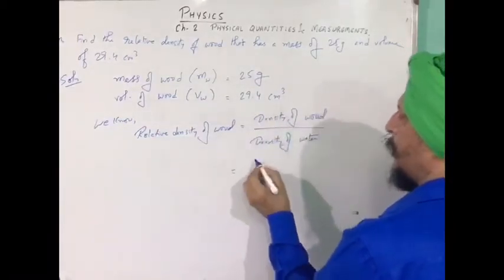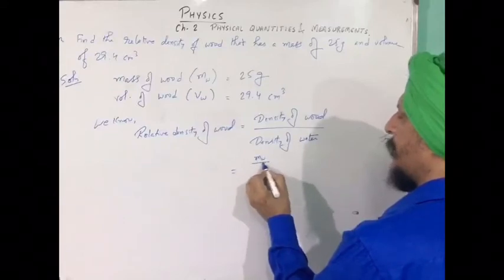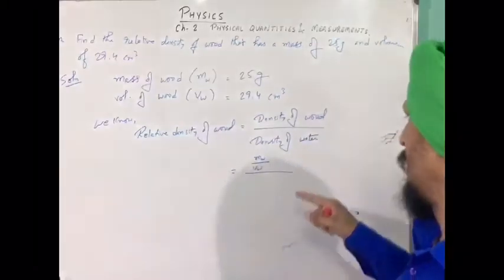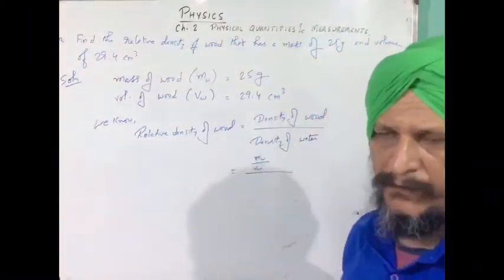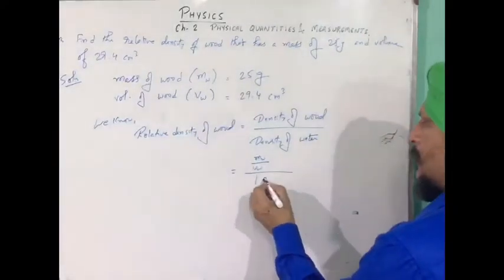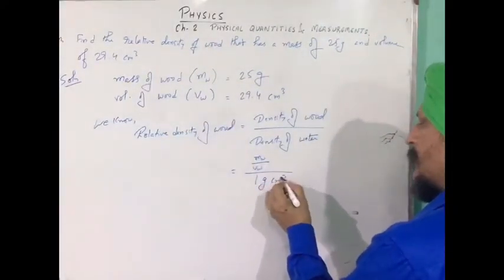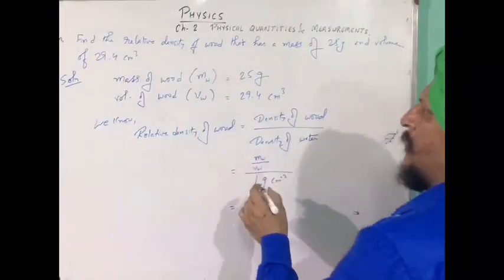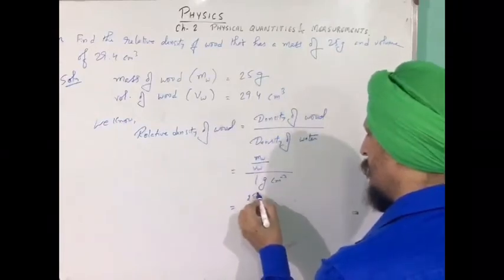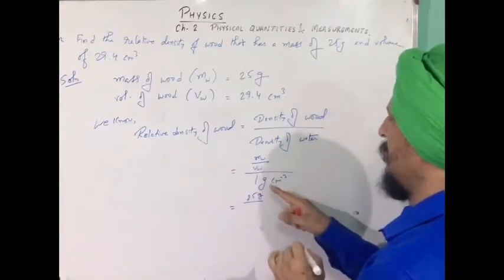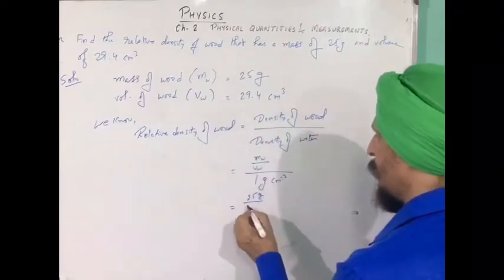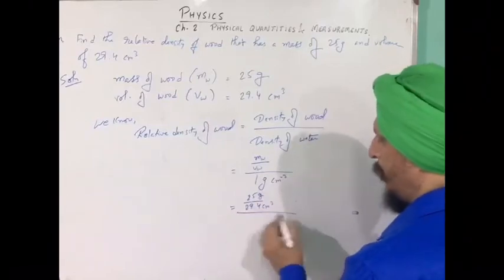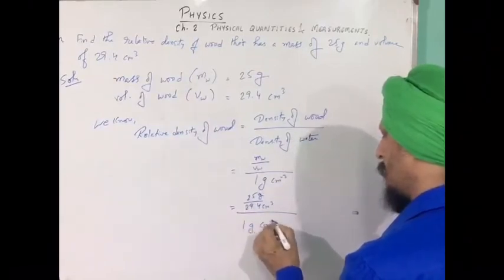The density of wood is mass by volume, and the density of water is 1 gram per centimeter cube. So it is 25 gram by 29.4 centimeter cube, upon 1 gram per centimeter cube.